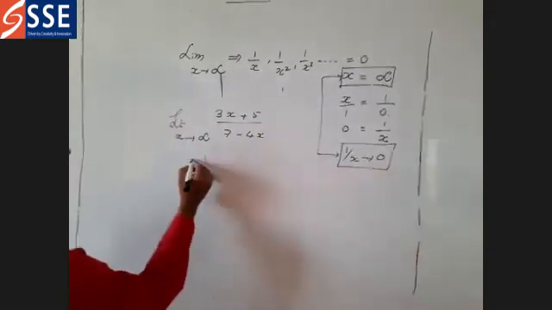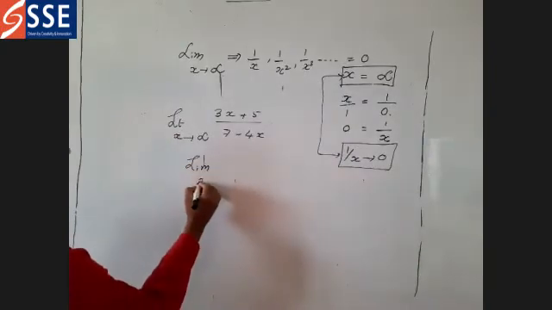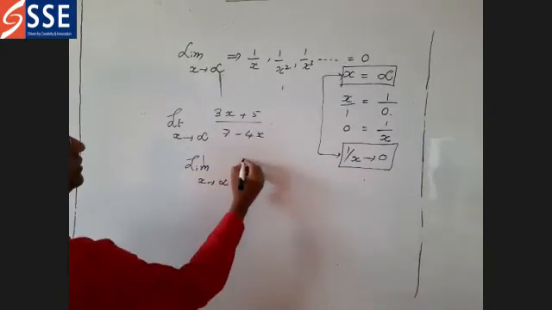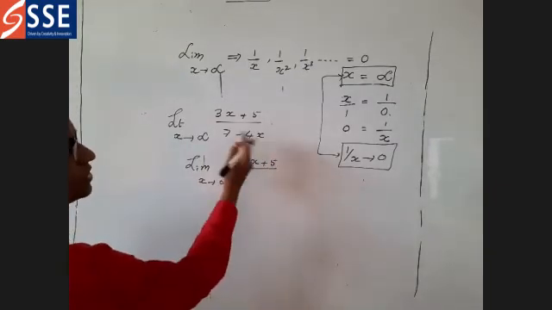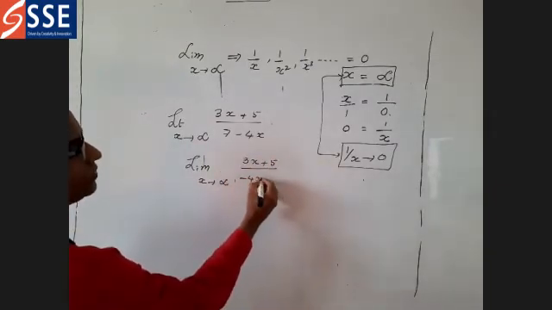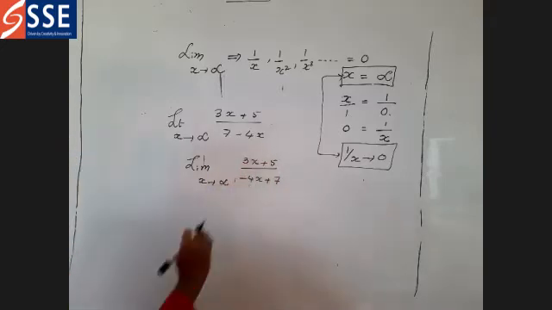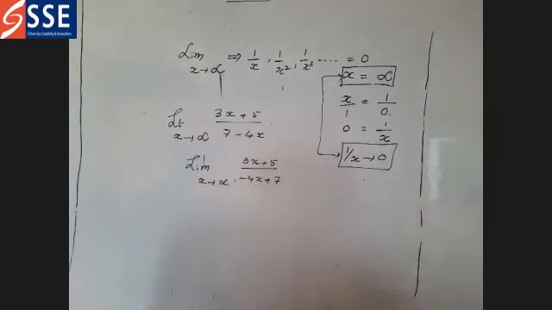See here, observe: limit x tends to infinity, 3x plus 5 divided by, just shuffle it, minus 4x plus 7. Make them into order. Minus 3 by 4 is the answer.